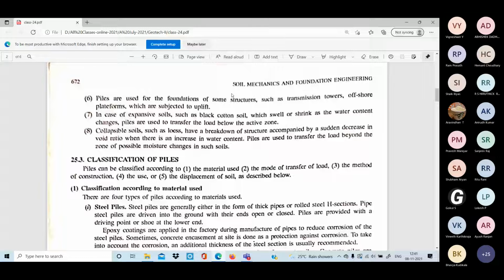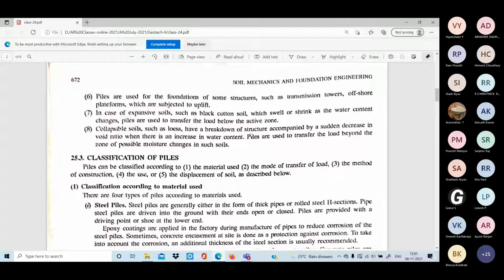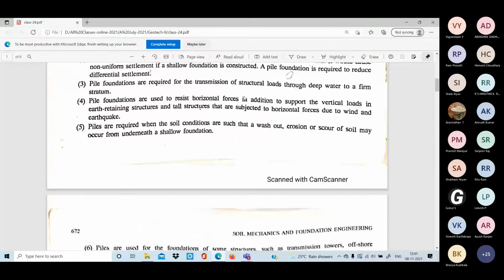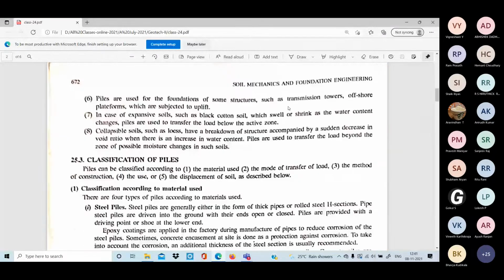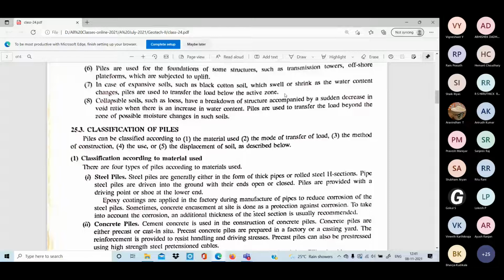Next, classification of the piles. It again depends on what materials we are using, the mode of transfer of the load, how the pile is transferring the load, and the method of construction, how we are constructing, whether in situ construction or prefabricated, and the use and the displacement of the soil.